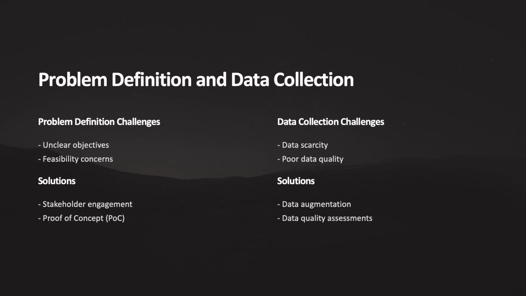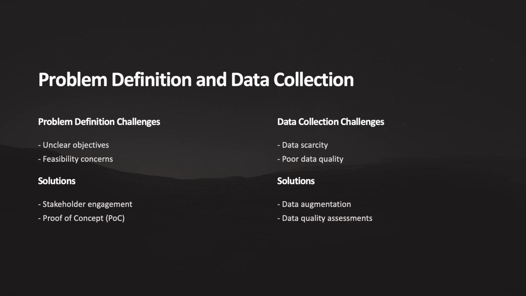Let's start with problem definition. It's the foundation of any project. If the objectives are unclear or feasibility isn't assessed early, the project can derail quickly. For example, imagine an AI model designed to predict customer churn. If the goal is vaguely defined as "reduce churn" without specific metrics or targeted outcomes, the model might fail to meet business needs.